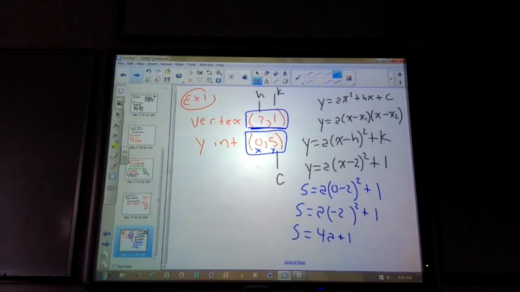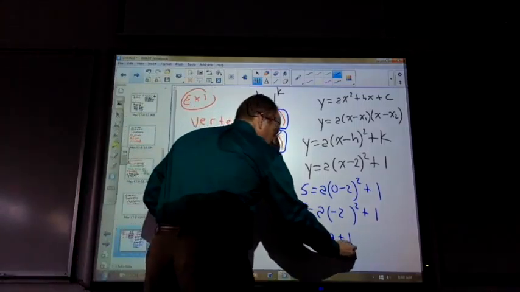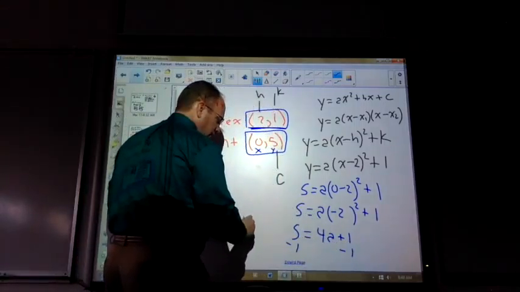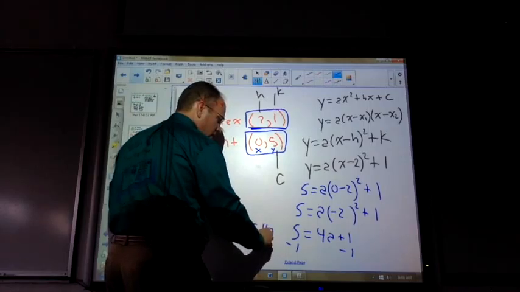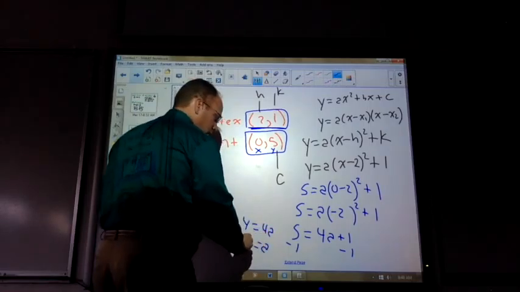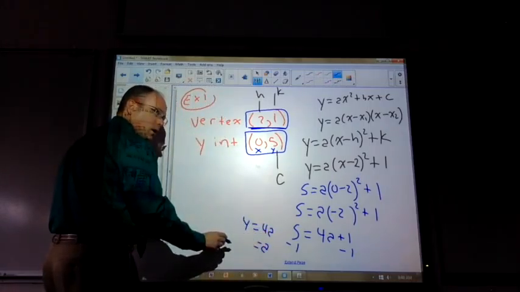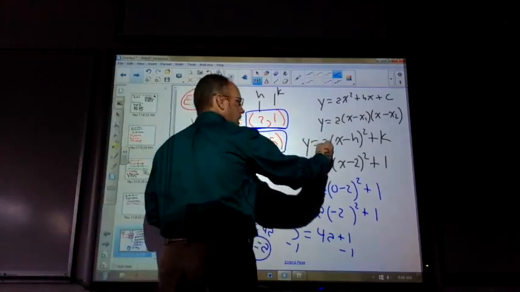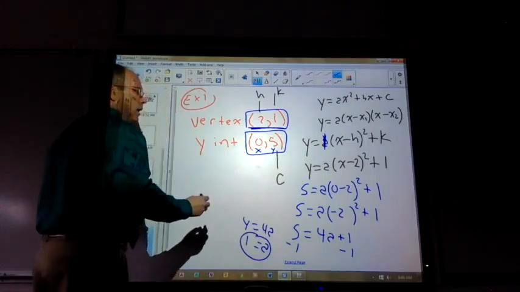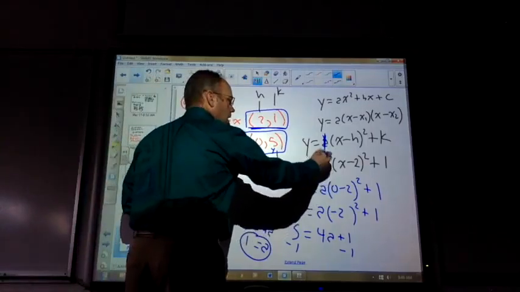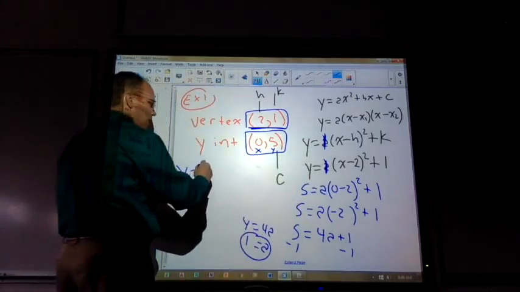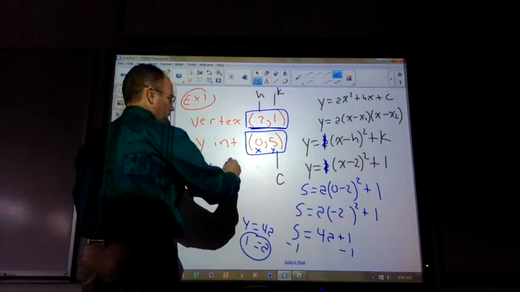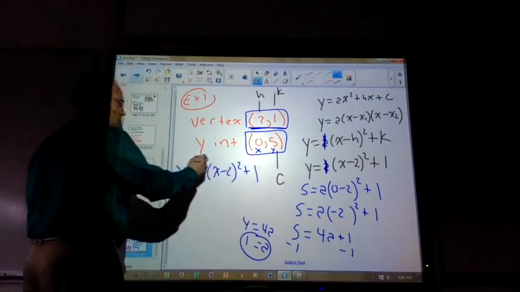If I subtract 1, this is going to give me 4 equals 4a. And then a equals what? 1. So my a value is 1. Look at this, here's my equation. Done.